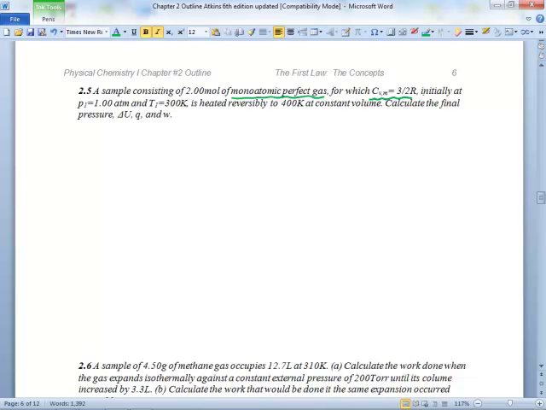Now, why give us heat capacity? So what do you think?